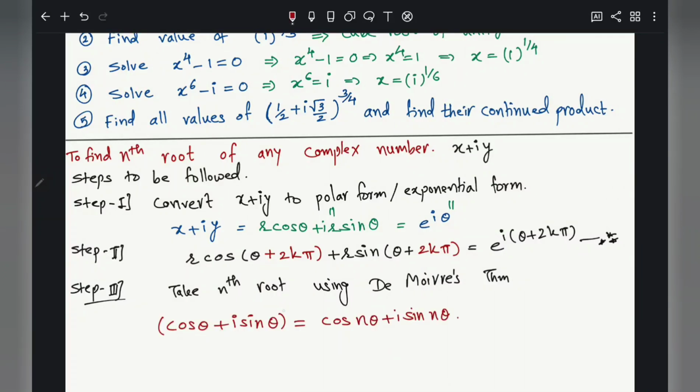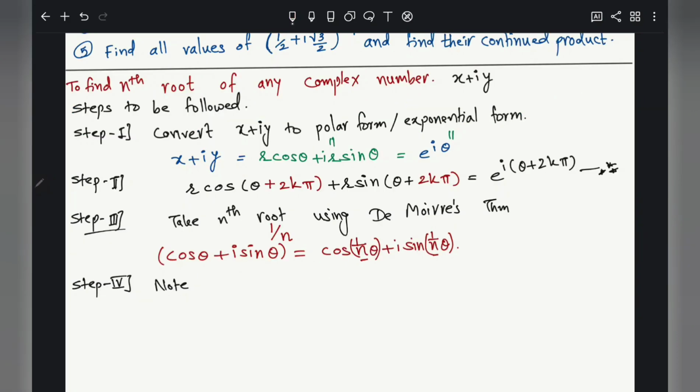It is (cos theta plus i sin theta) raised to n is cos n theta plus i sin n theta. So the same thing we need to do for 1 by n. So (cos theta plus i sin theta) raised to 1 by n, we are taking the nth root. So this will become cos of 1 by n times theta plus i sin of 1 by n times theta. Okay, so this is the step that we need to do.